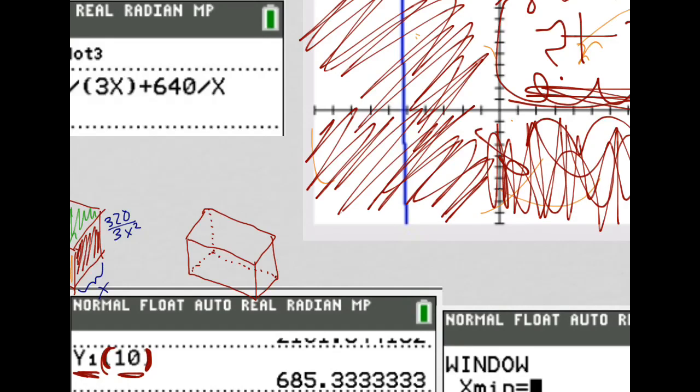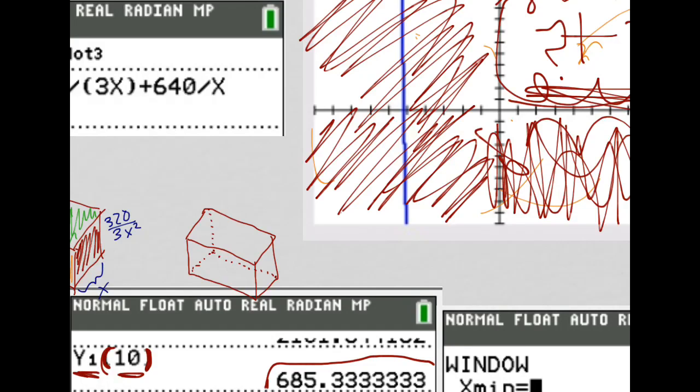This is a good way to do that. So again, it's vars, y vars, function. It'll print the y1 to your screen, put a parenthesis, a 10, close your parenthesis, then it evaluates it, and look, 685. Whoa, that sounds like a big number, so maybe this will be a good window for us.